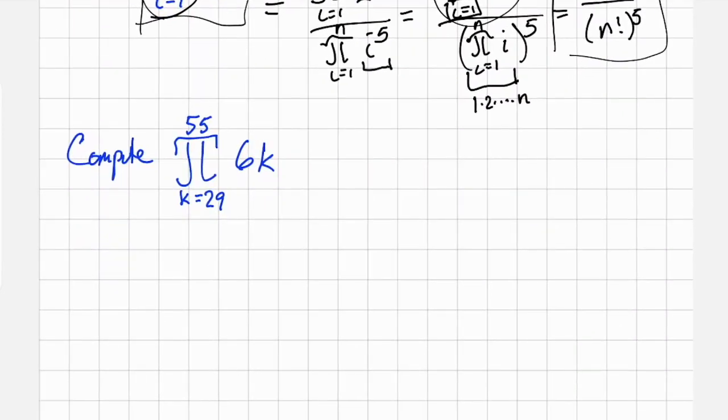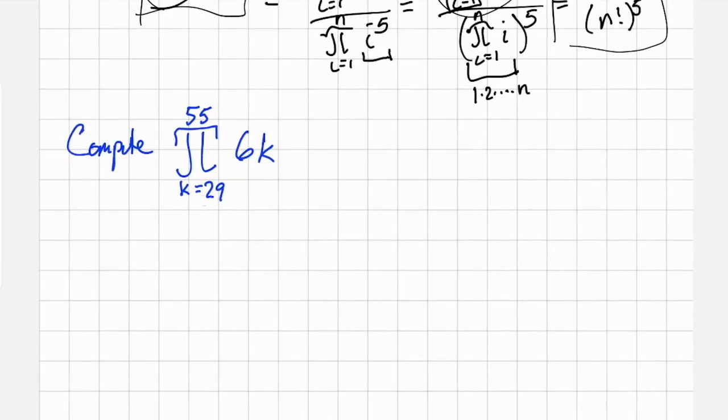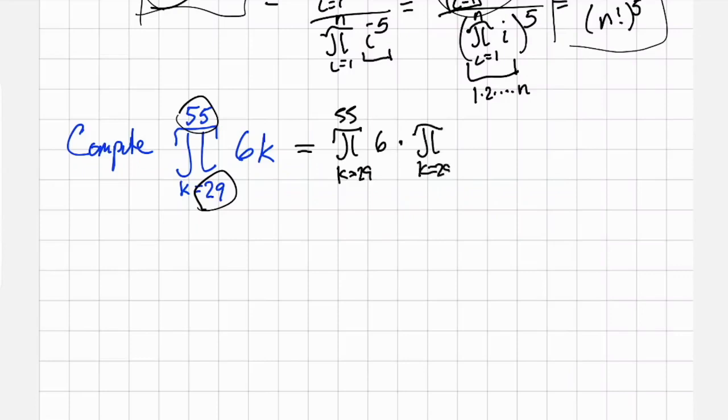Here's another example. We see this product where k goes from 29 up to 55. We can split apart this product into two different products. The product where k goes from 29 to 55 of 6 times the product where k goes from 29 up to 55 of k. Let's calculate each of these factors independently.